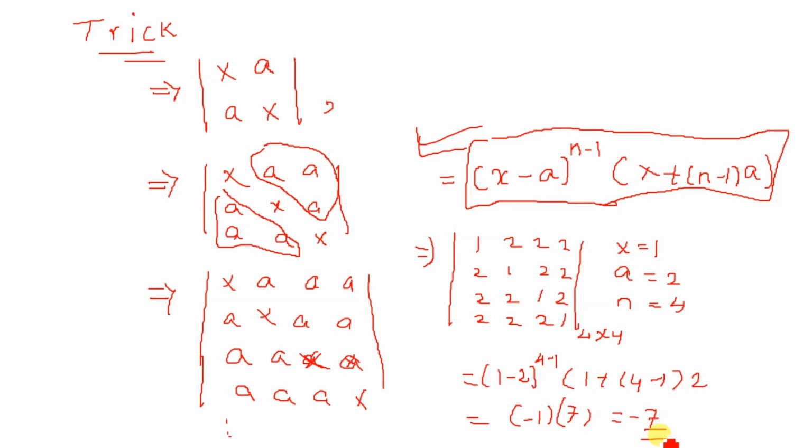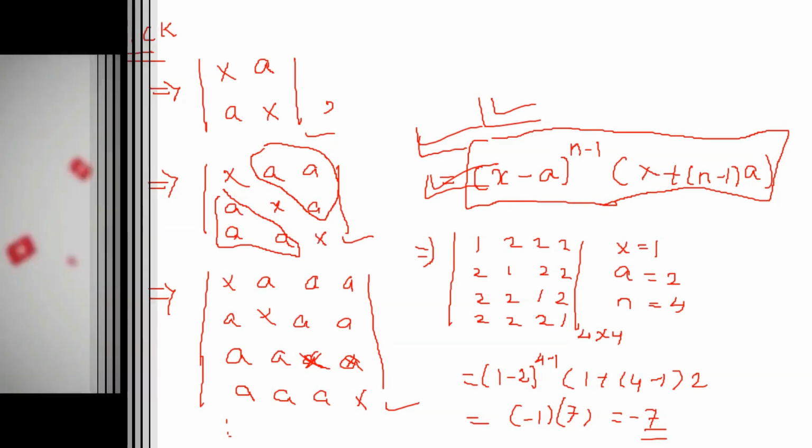So use these tricks for matrices of any order: 2, 3, 4, 5 or n cross n. If you use this trick you can easily get the answer within 1 or 2 minutes. Okay, thank you.